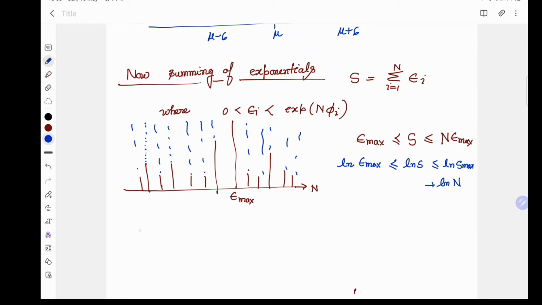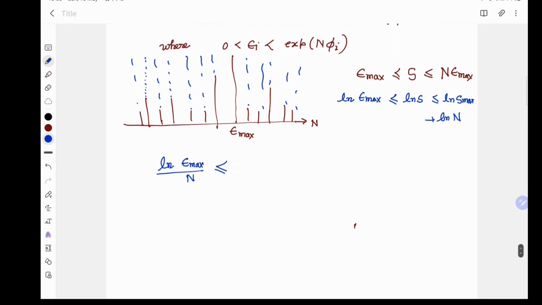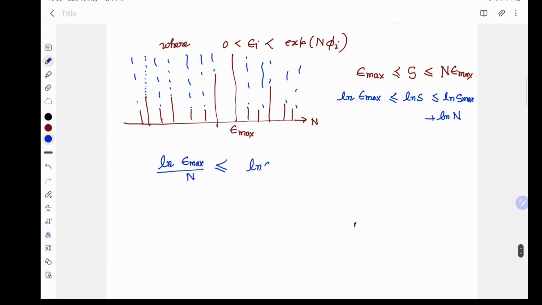Now if we divide by n, we will have log epsilon max by n less than or equal to log s by n less than or equal to log s max by n plus log n by n.